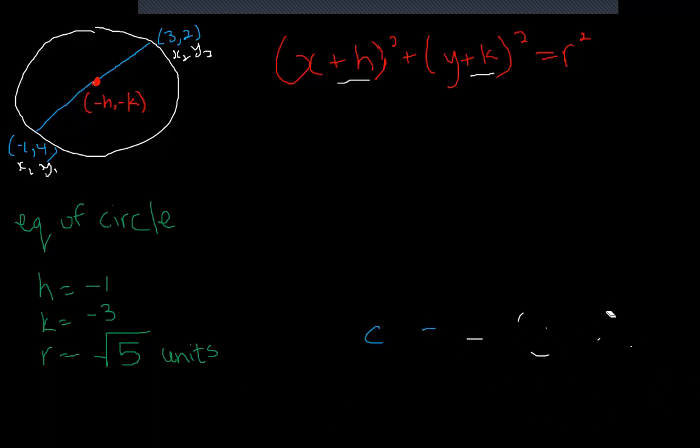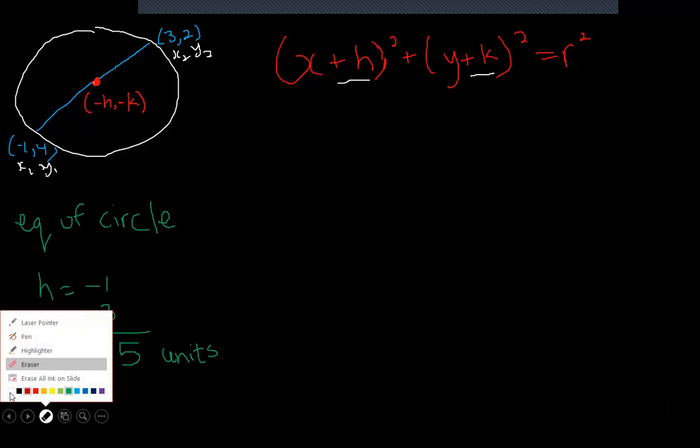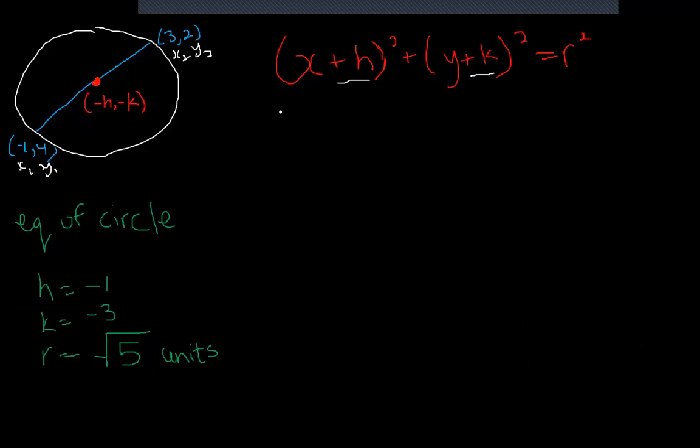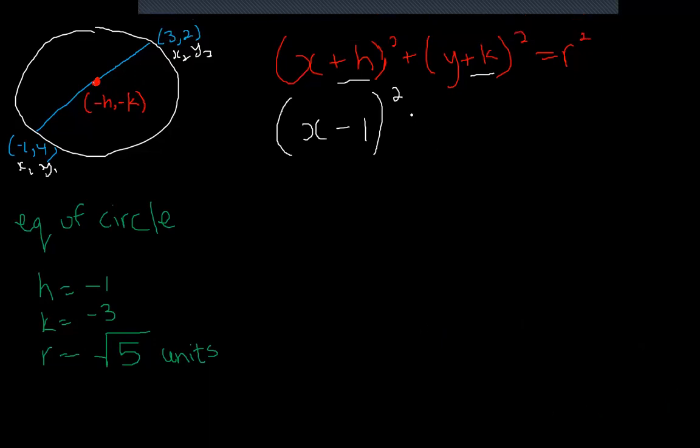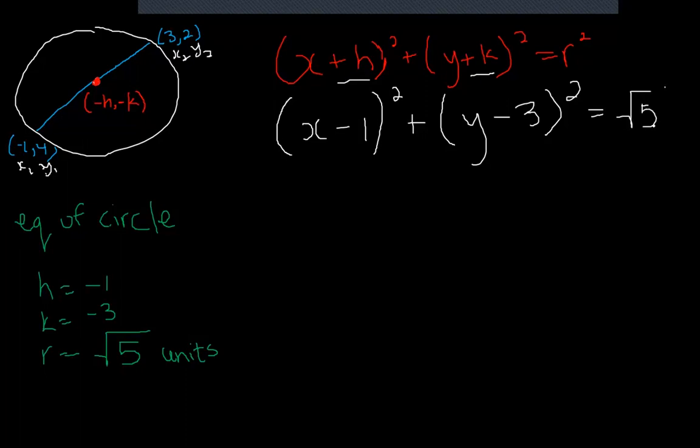Now we have h, we have k, and we have r. So all we have to do is sub it into the standard form of the equation of the circle. So you put back your bracket, x plus h, so just put your minus 1 squared plus y, k is minus 3, so put minus 3 squared is equal to r squared. We said r is the square root of 5, so r squared is the square root of 5 squared.